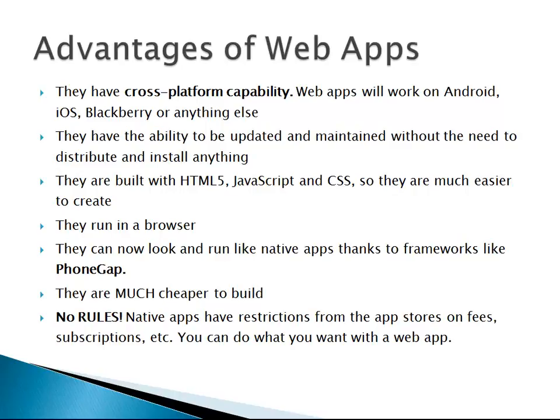They're built with HTML5, JavaScript, and CSS, which is very easy compared to writing a program in Java or Objective-C. They run in a browser, which a native app can't. They can now look and run like native apps, thanks to frameworks like PhoneGap.